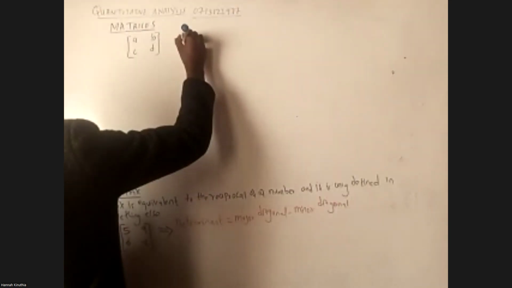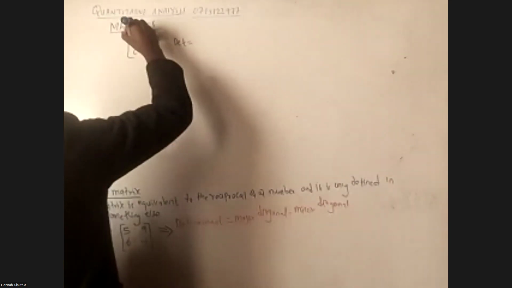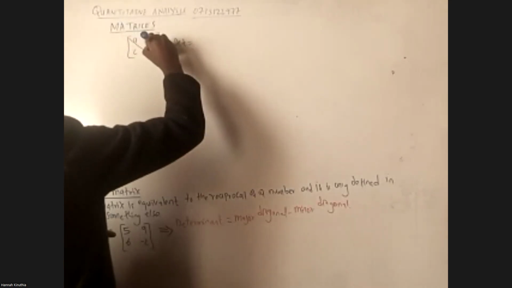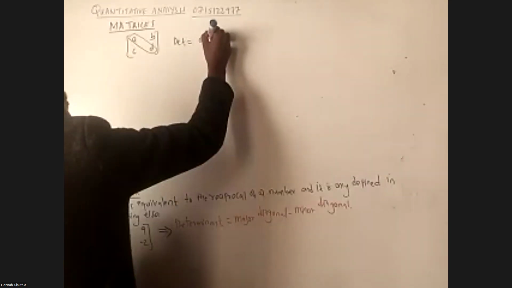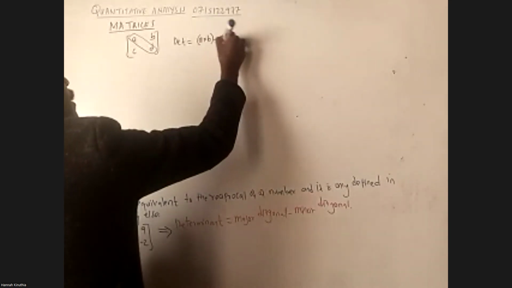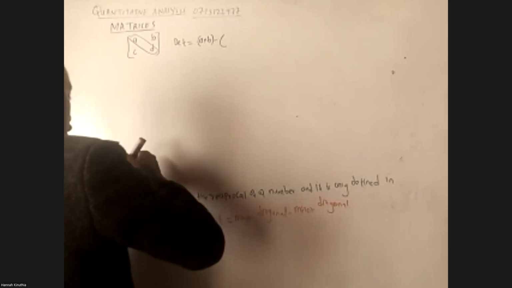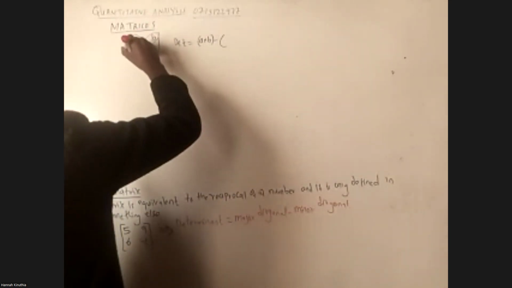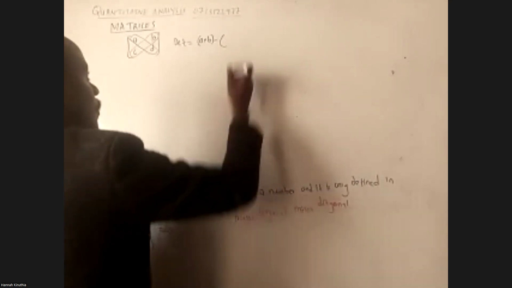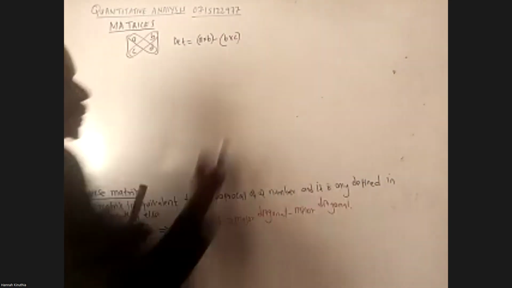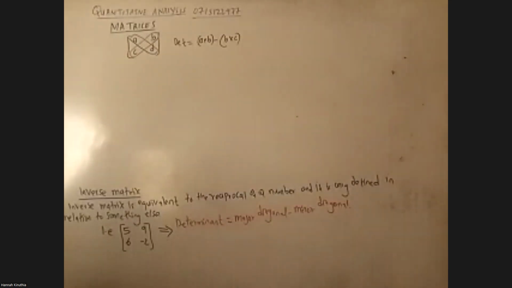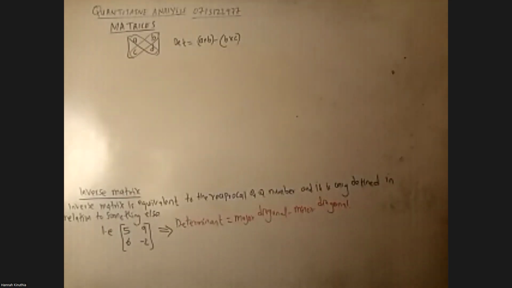This is how you find the determinant. The determinant will be equal to the main diagonal, A times D, minus the minor diagonal, B times C.